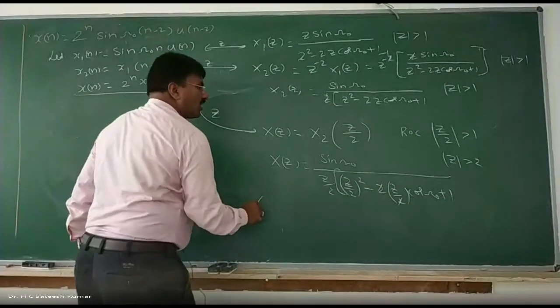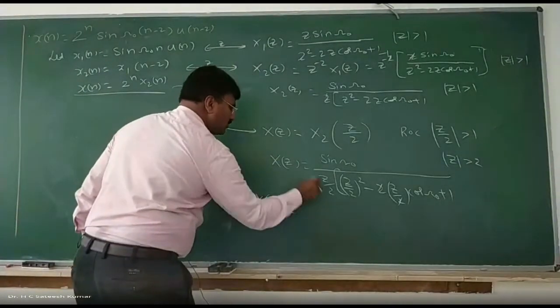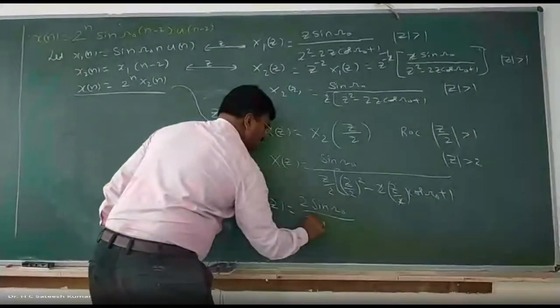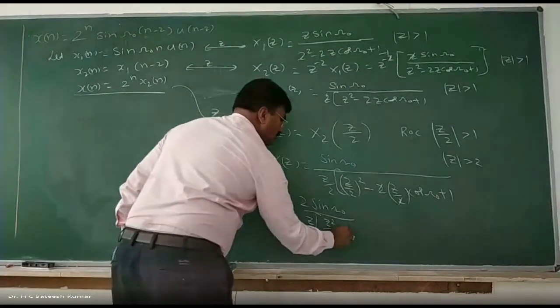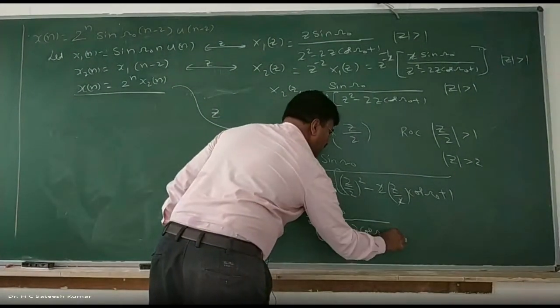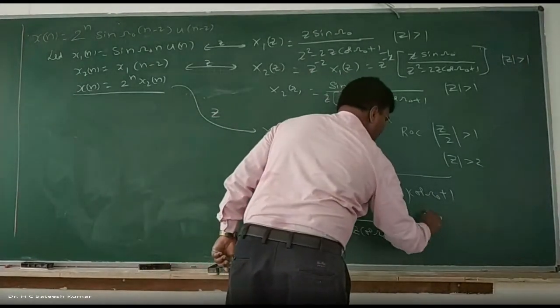X of z, you can simplify to a certain extent: 2 sine omega naught divided by z into z square by 4 minus z cos omega naught plus 1, with ROC mod z greater than 2.